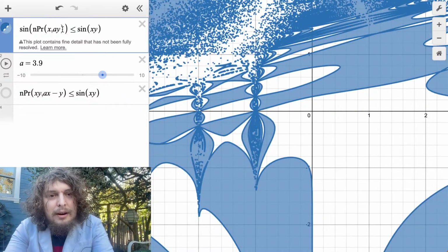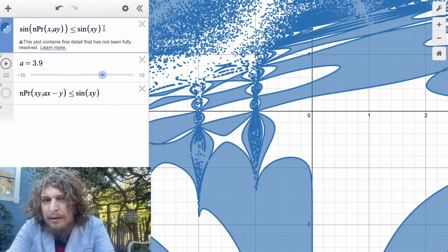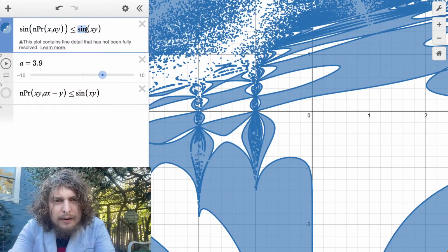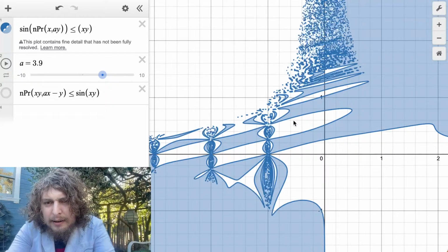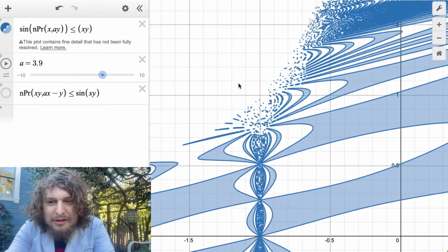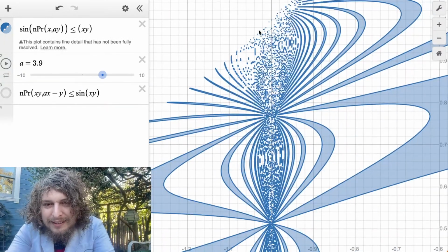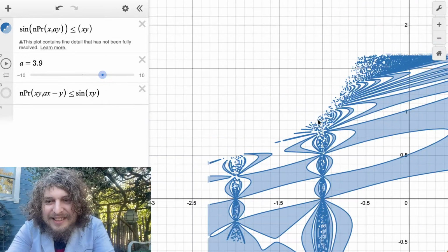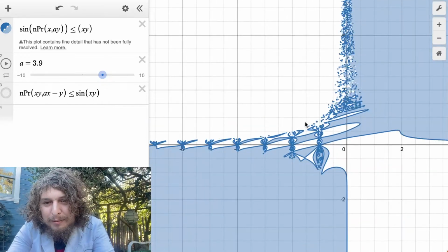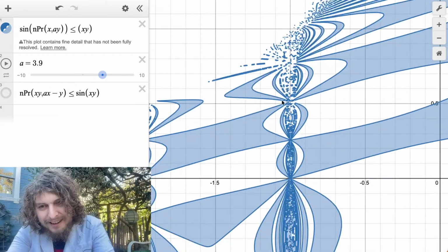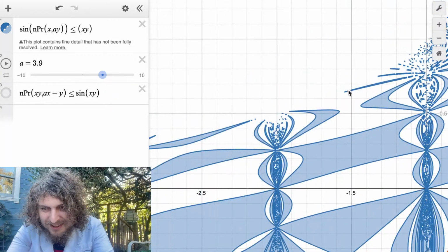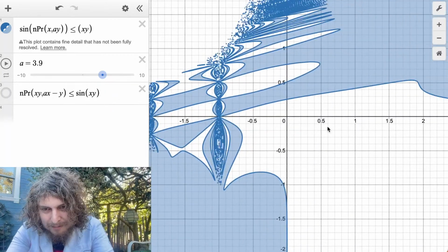So here, let's try some other mixes of these. What if only that side had sine? Now these coils sort of trickle off and just end over there. The coils get cut off by this curve shape. It's like this curve ate a slice out of the coils, ate the rest of them.